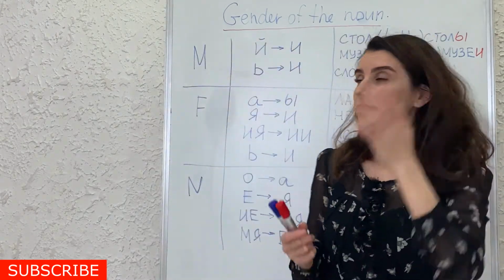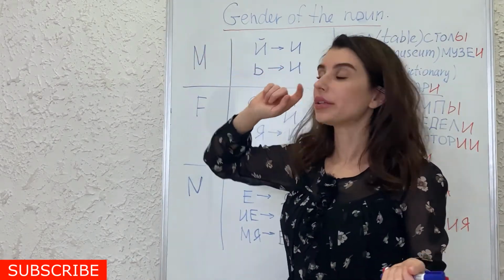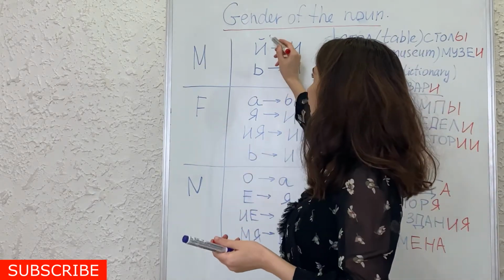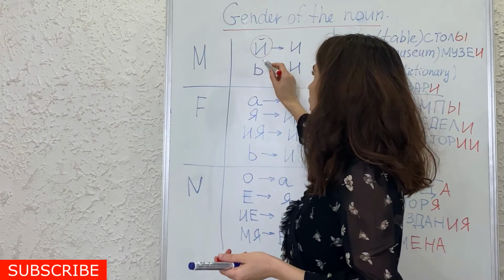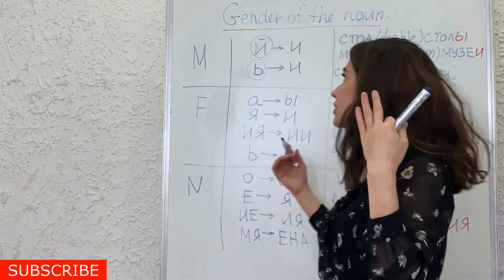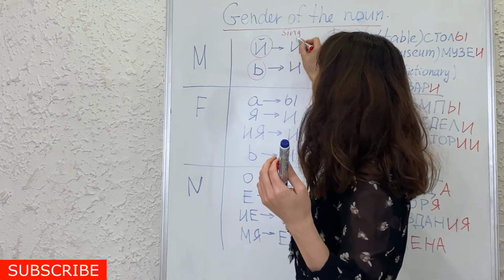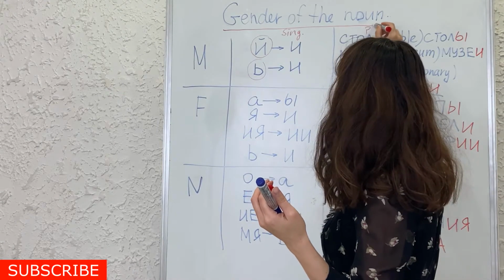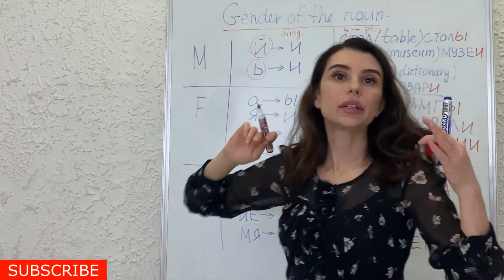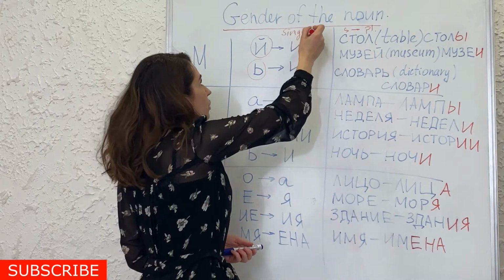Okay, let's see. For example, in masculine gender, I showed you the end of the words, in singular and here in plural. You can see how it's changing from singular to plural.